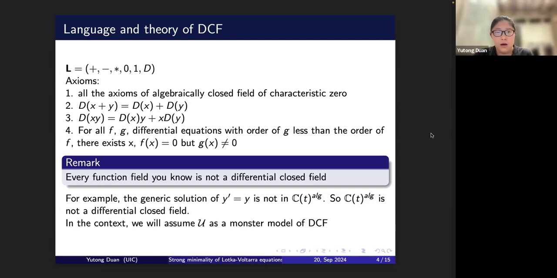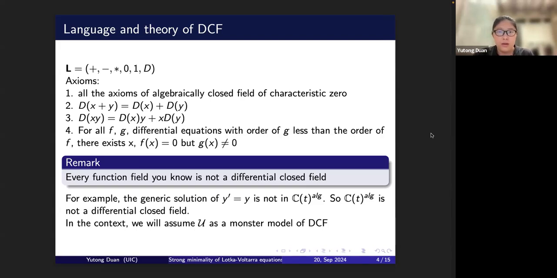So notice, for example, the algebraic closure of C(t) is not a differential closed field, because if we consider y' = y, then the generic solution of this equation is not in that field. Differential closed field means basically you have all the solutions of all differential equations in that field. So one important thing is every function field is not a differential closed field.